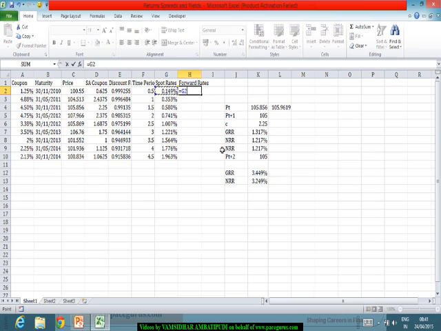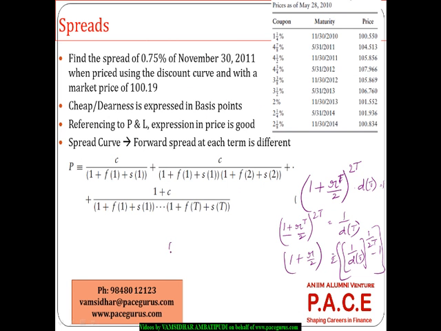The first forward is same as that of the spot. But from the second, I can go with an average of all the previous. So probably I can fill the forwards in that manner. This spot, 0.353, whatever is the spot, should be equal to the average of 0.149 plus some x by 2.